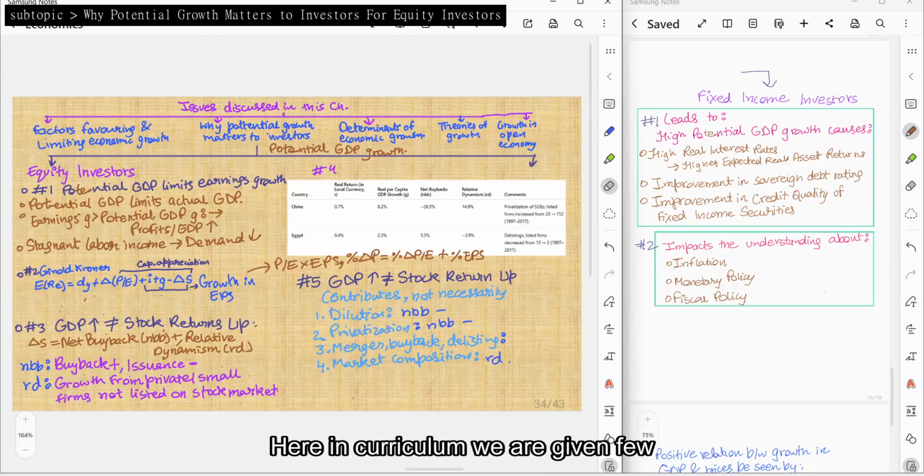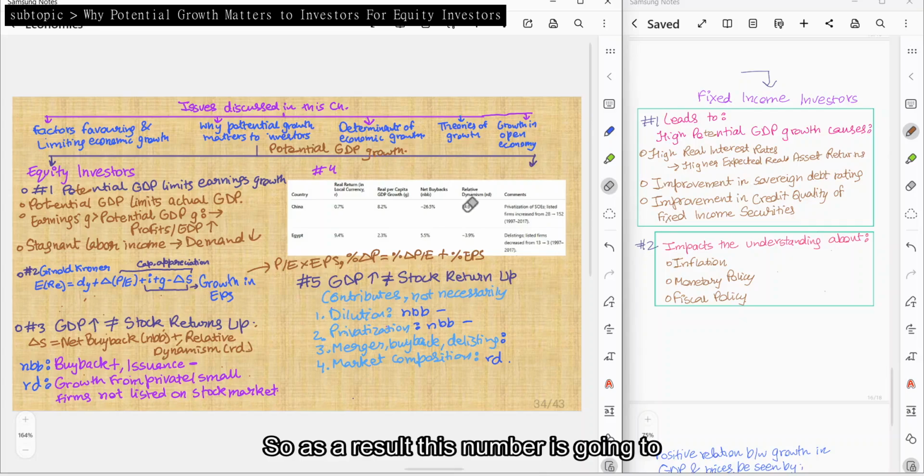Here in the curriculum we are given a few examples showing how real GDP growth substantially differs from real return. Here the real GDP growth is 8.2% compared to 0.7%. In this 8.2%, for net buyback, we need to add minus 26.5%, and the relative dynamism component is 14.9%.